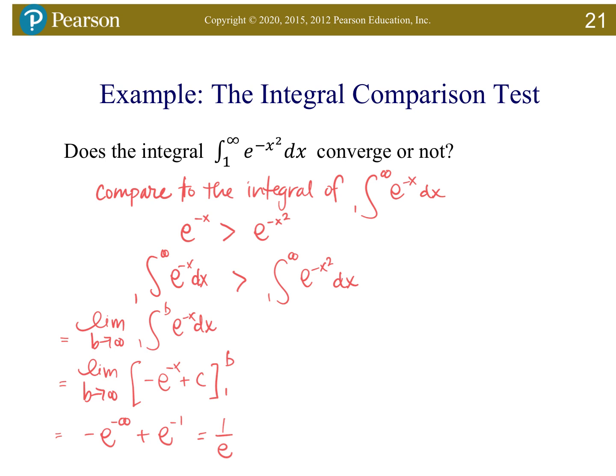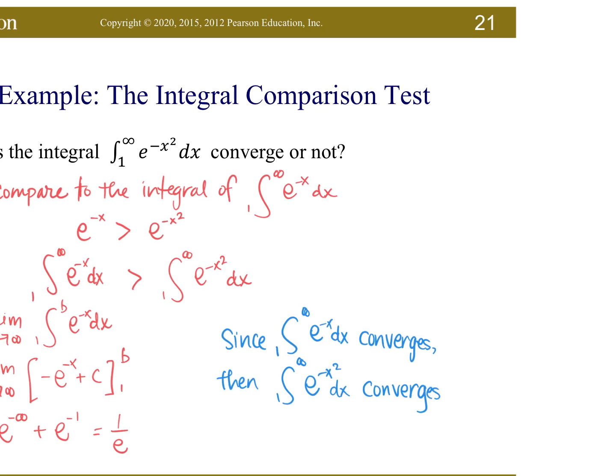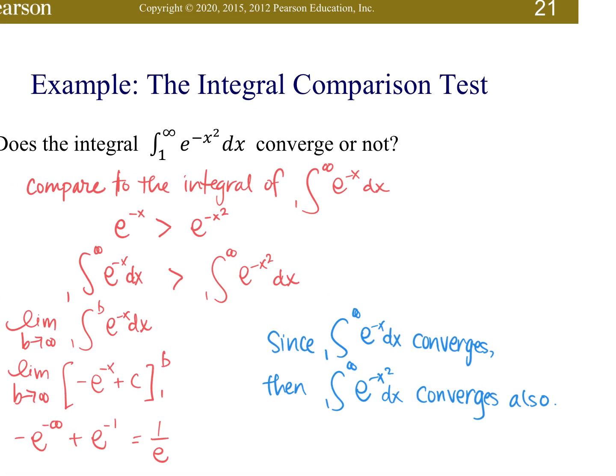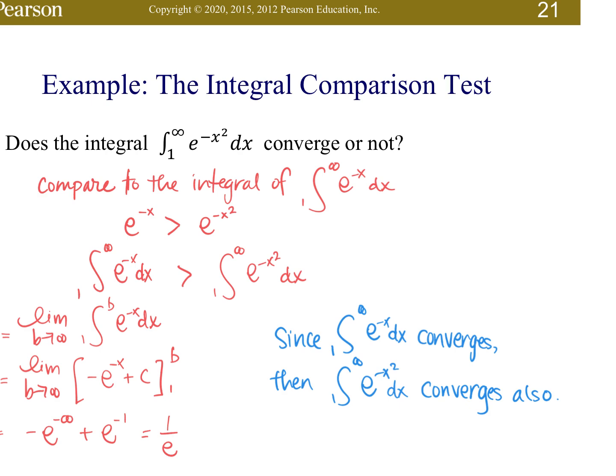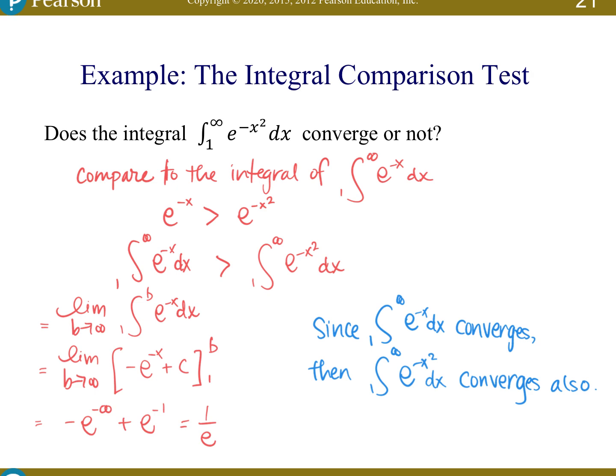So since the integral from 1 to infinity of e to the negative x dx converges, then the integral from 1 to infinity of e to the negative x squared dx also converges. But you have to be careful about not saying that they converge to the same number. They do not converge to the same number, but they do both share the property of convergence. And that only works because you proved it for the larger one.